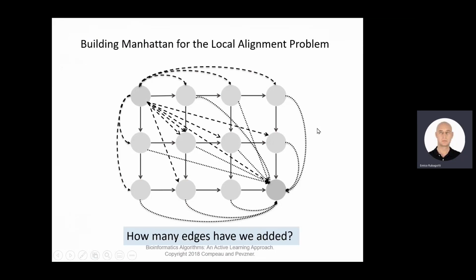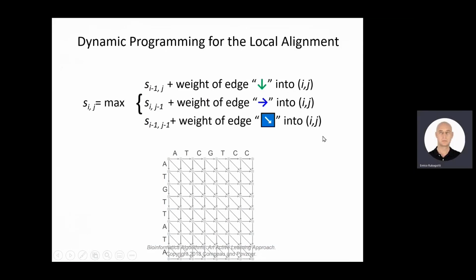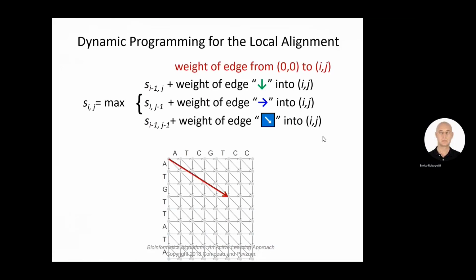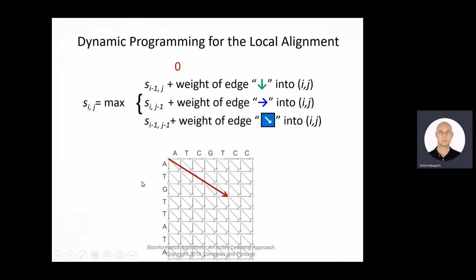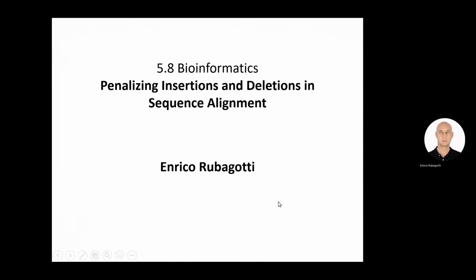I prefer to have more nodes than more edges. So what we can do is to consider 0 as a cost of going from a point A to a point B. And we are going to see how to do it in the next class.